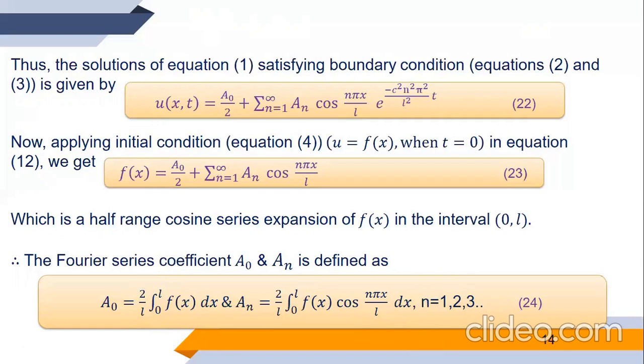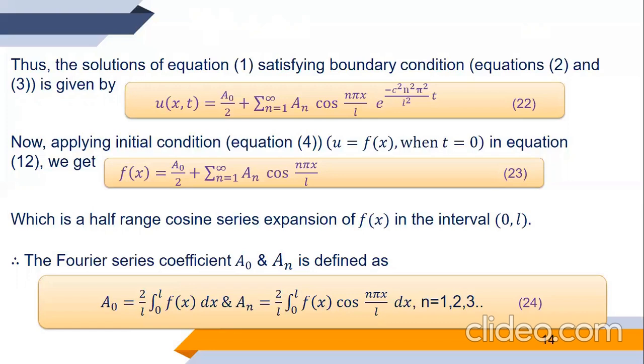So, problem 2: heat flow in insulated ends. That means no heat flow in both ends.